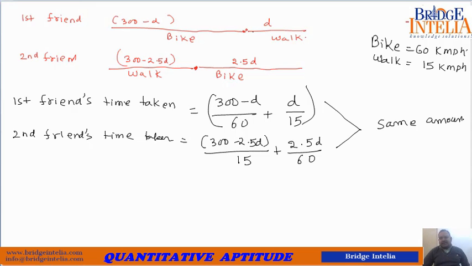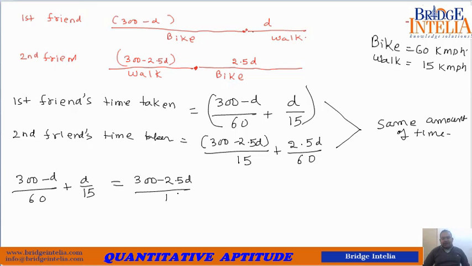They have taken the same amount of time, so you can equate them. 300 minus d divided by 60 plus d by 15 must be equal to 300 minus 2.5d divided by 15 plus 2.5d divided by 60. If you solve this, you will get the value of d.